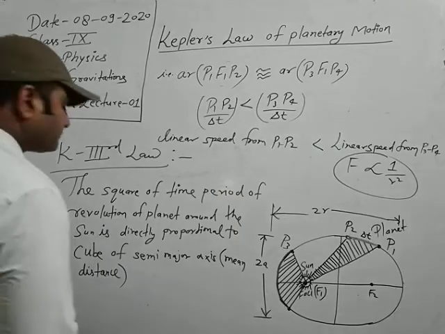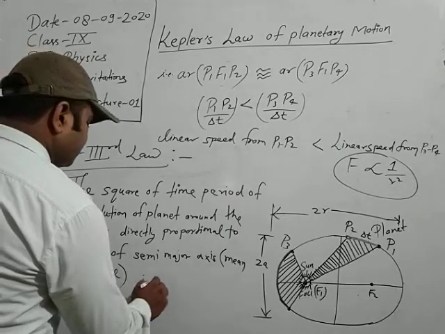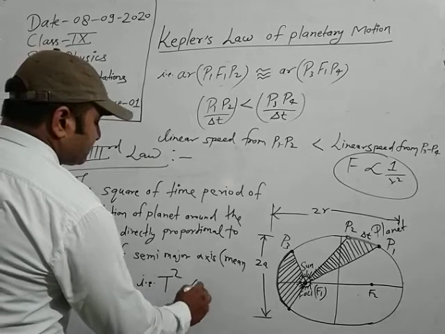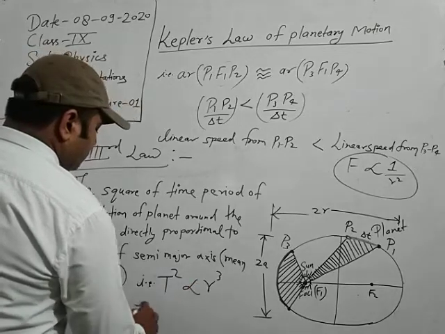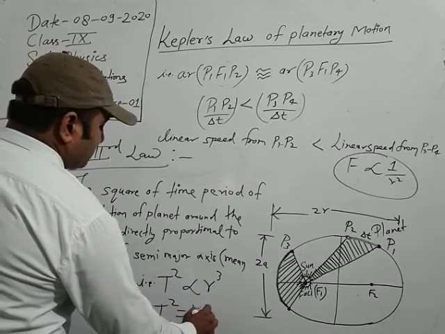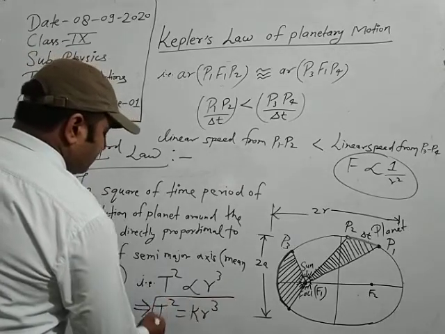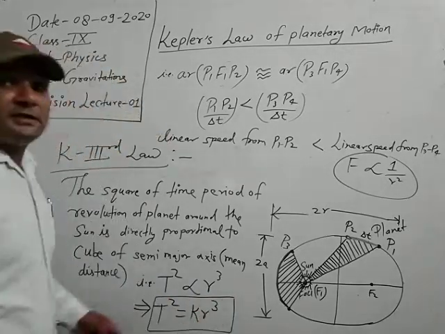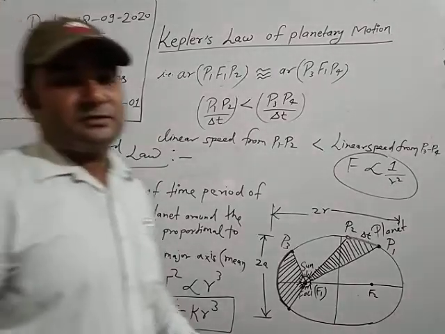Clear? That is, T square proportional to r cube, or T square is equal to k r cube. Clear? This is the formula concept and statement also.